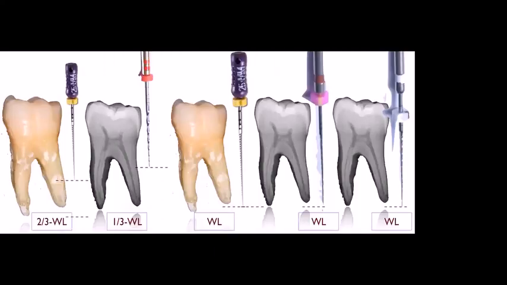getting patency. First, I use a 10K file up to two thirds of the root canal in order to know that the root canal is open. After that, I enlarge the coronal part of the root canal a little bit and eliminate the interferences that we have at the entrance of the orifice.